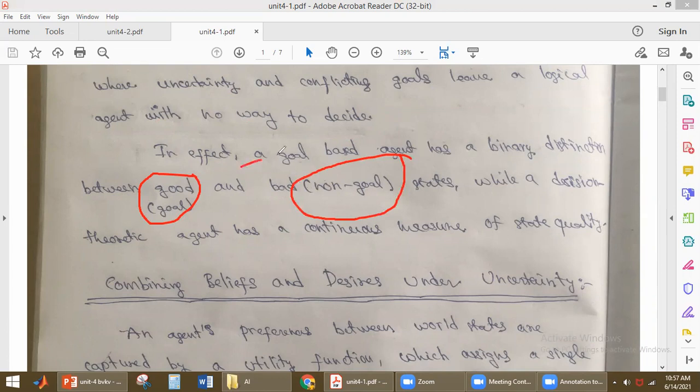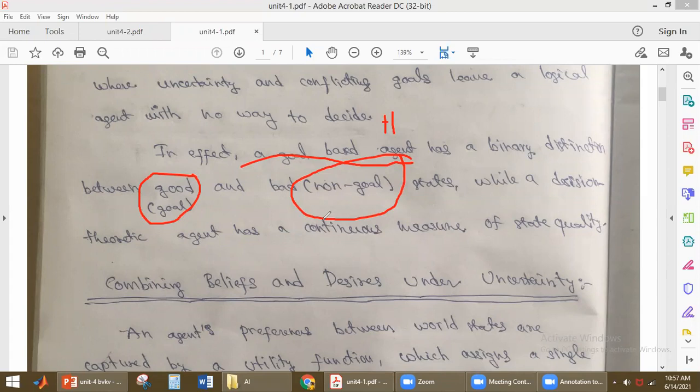It has to reach the goal state, which means it has to achieve the value +1. Whenever it is not the goal state, it is given -1, which means it will take some operations. Finally, it will reach the value +1.